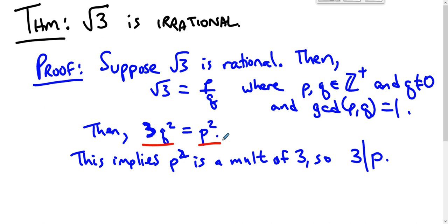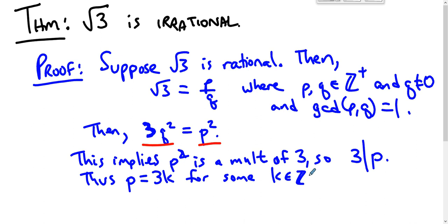So there's all the factors of p and then all the factors of p again. There's a 3 somewhere in there, so it's either in the first set of factors of p or it's in the second set of factors of p. Thus, p is 3k for some positive integer k.